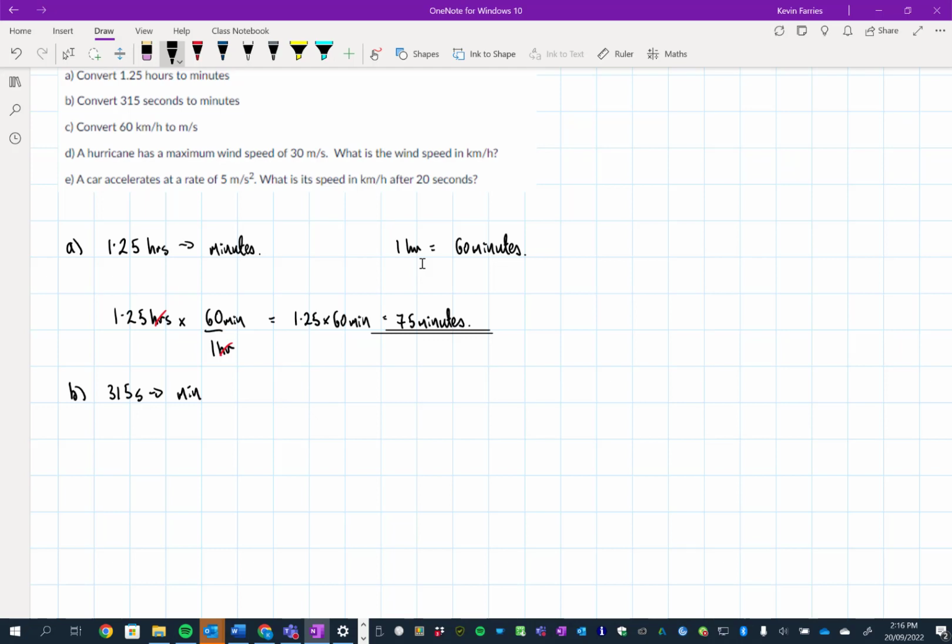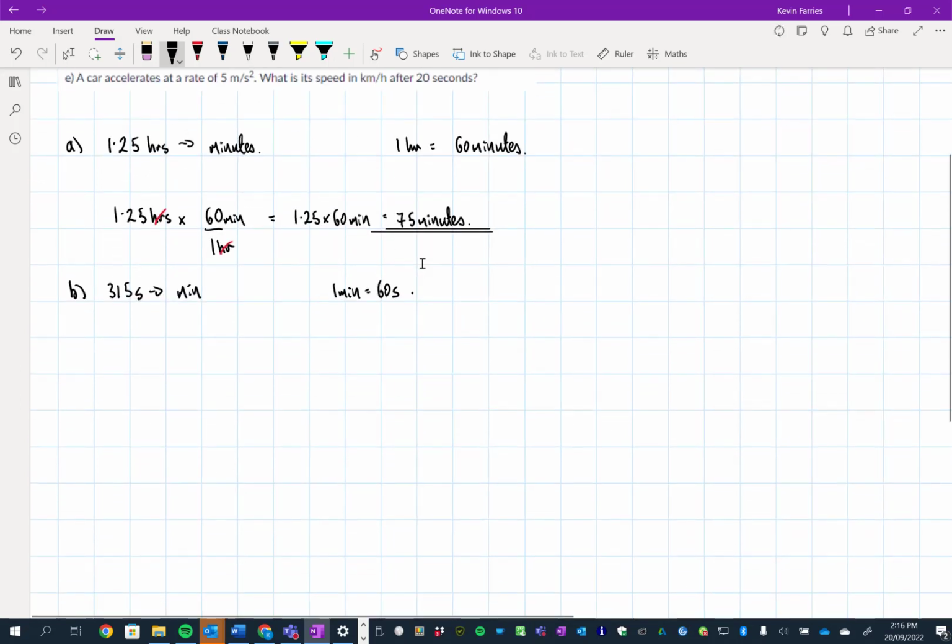So we know that 1 minute is equal to 60 seconds. So therefore we're going to get 315 seconds. Let's just leave a gap, same as we did before. 315 seconds times. So we want the seconds on the bottom. We want minutes on the top. Those are going to cancel out. That's why we did it.